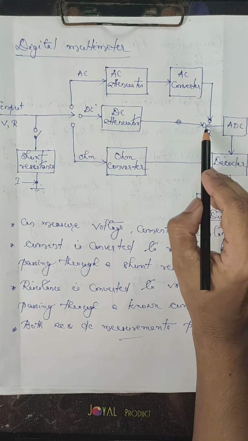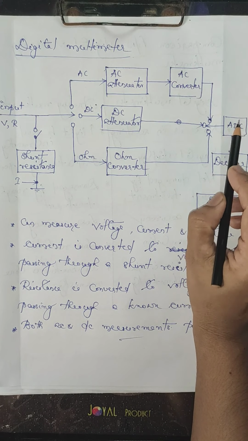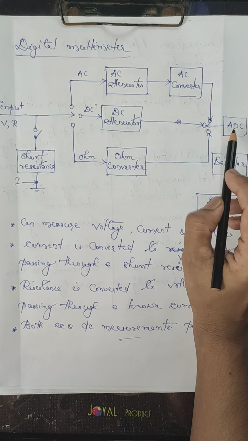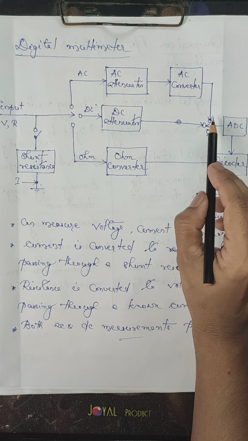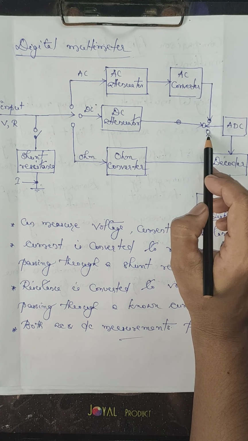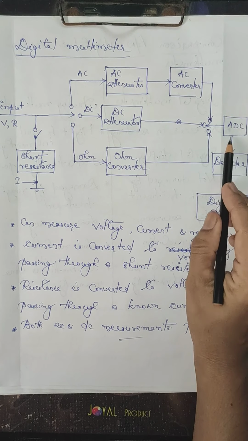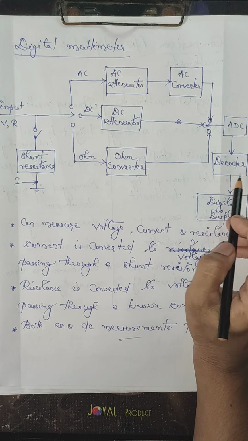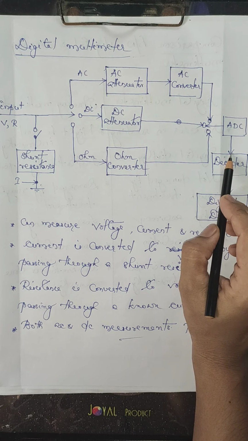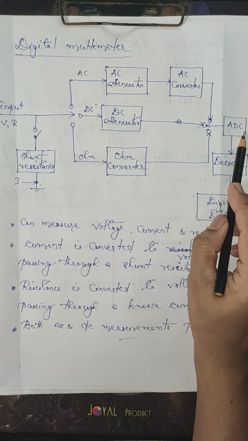Now, the signal coming at this point is given to an ADC, that is, an analog to digital converter. The analog signal received either from this path or this path or this path is converted to a digital signal, and it is then given to a decoder. The decoder decodes and extracts the correct information from the output of the analog to digital converter.